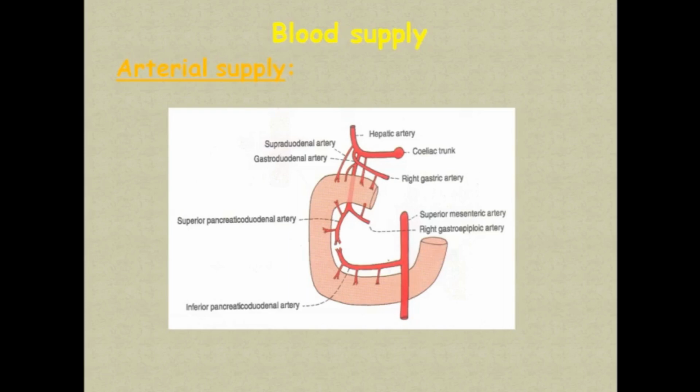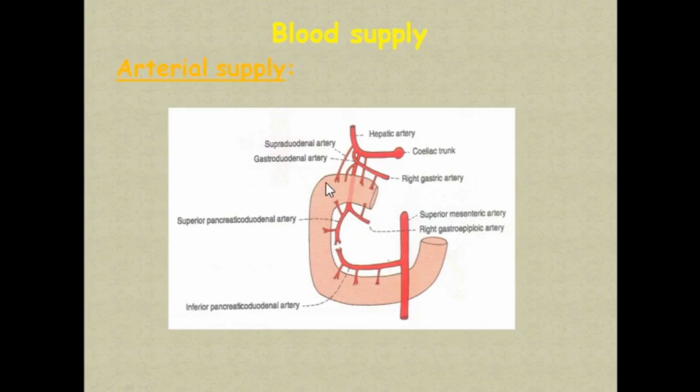Both give branches called pancreatico-duodenal arteries. Superior pancreatico-duodenal from gastroduodenal and inferior pancreatico-duodenal from superior mesenteric artery divide into anterior and posterior, and form an anastomotic chain near the second part, between the second part of duodenum and head of pancreas, to supply the duodenum.